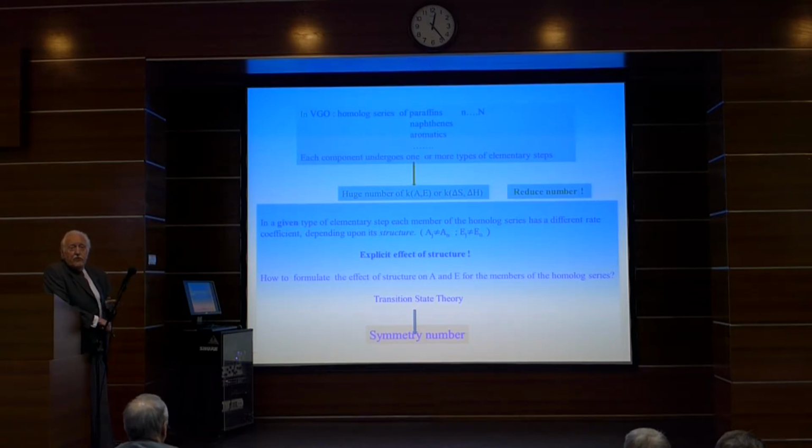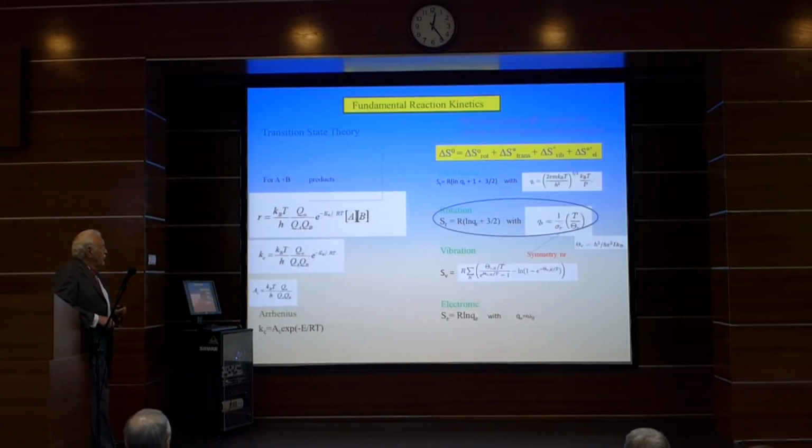Well, they've done that for us many years ago in transition state theory. And when I look at transition state theory, how is structure defined there? Well, by means of what they call the symmetry number. Let's look at what that means.